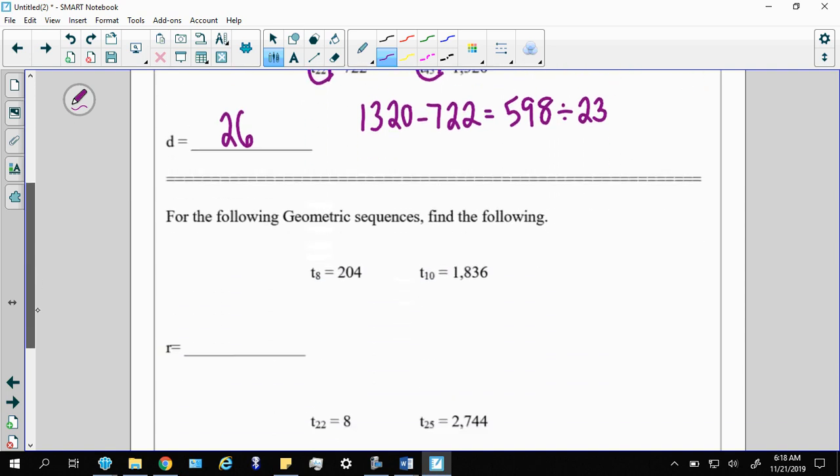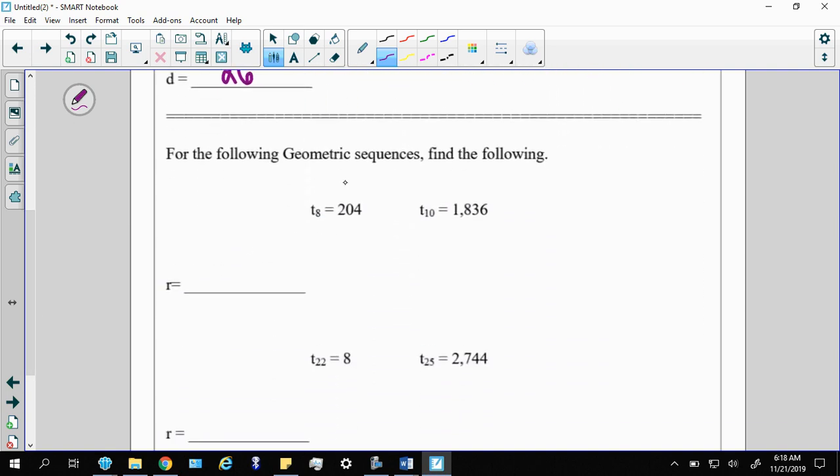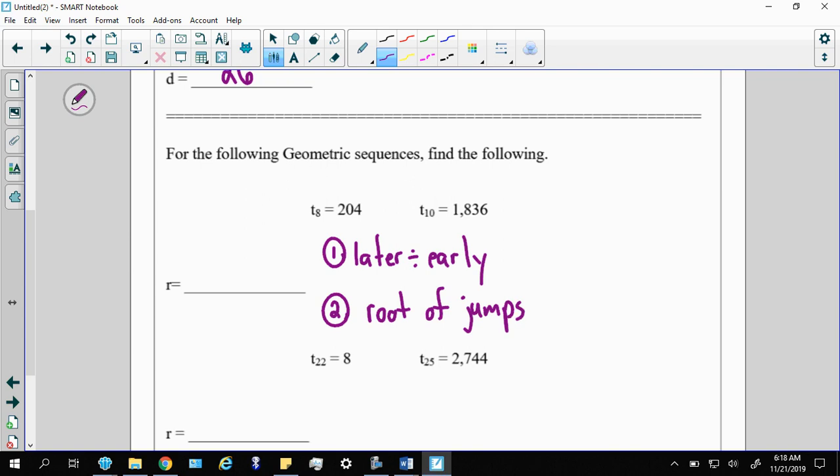All right. Now, the next thing is geometric. With geometric, you're still dealing with later and earlier terms, but in this case it's different. You take the later term and divide by the early term, and after that you take the root of the jumps. So the later term ended up being 1836.